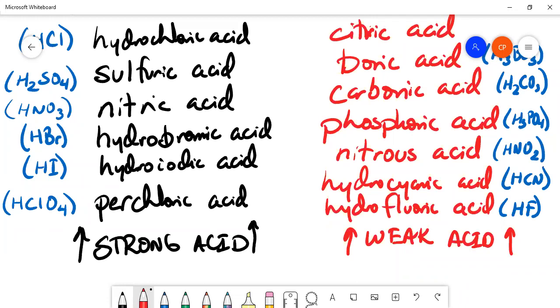Hydrofluoric acid is very, very reactive. But they have differing behaviors when dissolved in water. Let me take hydrochloric and hydrofluoric acids, and let me make those my two core examples for this distinction between strong acid and weak acid behavior.